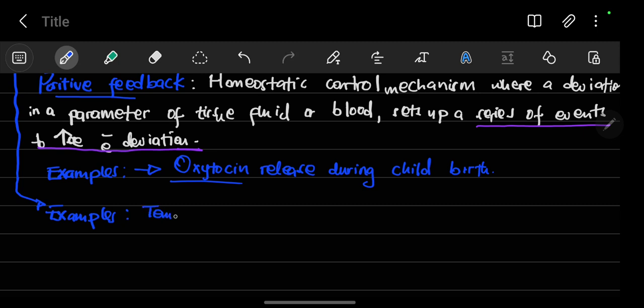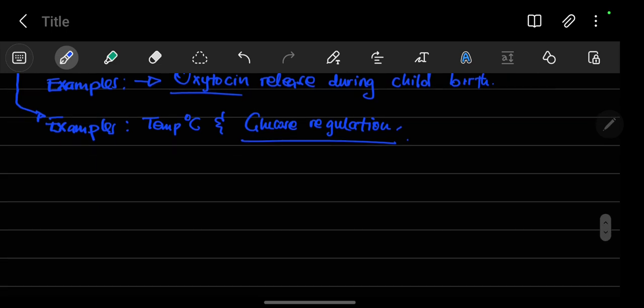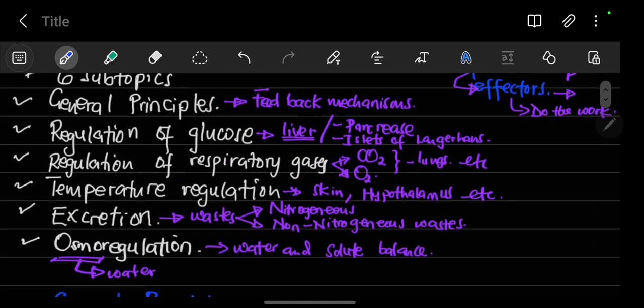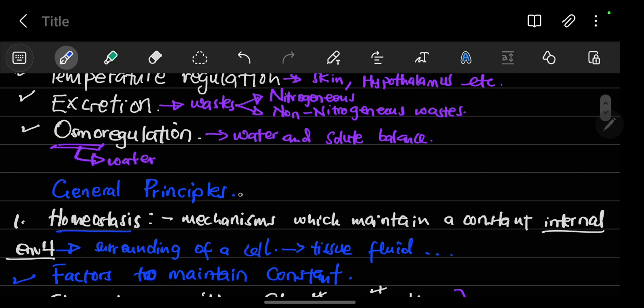So when we move on to glucose regulation, you find out that at least we've covered one subtopic, our introduction. Our introduction is done.